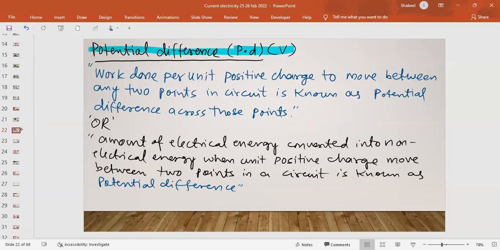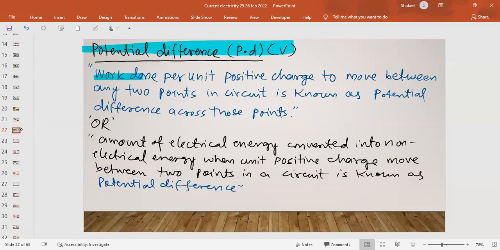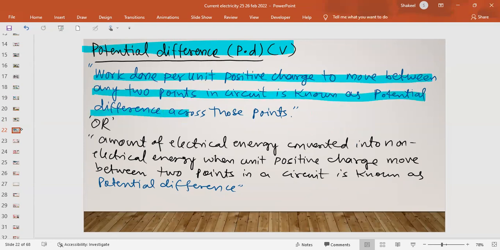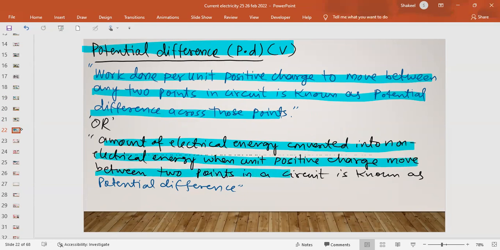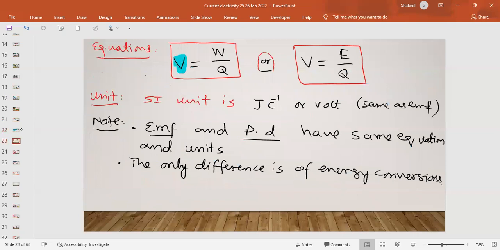Now, what is potential difference? Potential difference is the same as EMF, but in the opposite way. Work done per unit positive charge to move between any 2 points in the circuit is known as potential difference. Or we can say it is the amount of electrical energy converted into non-electrical energy when a unit positive charge moves between 2 points in the circuit. The definition is similar to EMF, and its formula is the same.